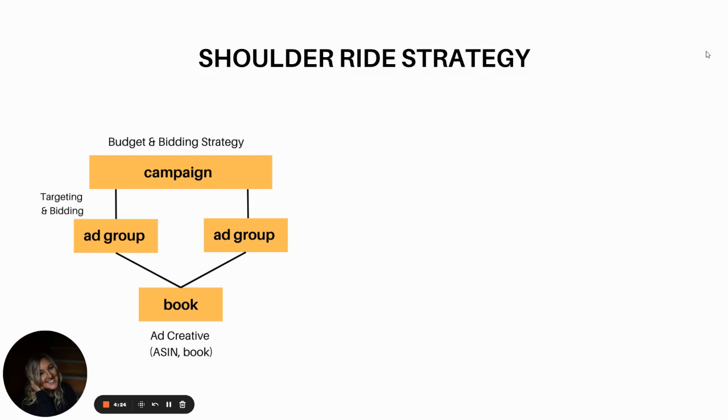So the shoulder ride strategy looks like this. We're going to take the top 10 organically ranked books in the niche that we want to compete in. So if you are in coloring books for kids age 4 to 6, maybe it's mermaids, you're going to go in that category of that keyword that you want to compete into, and you want to get the ASINs of those top 10 organically ranked books.